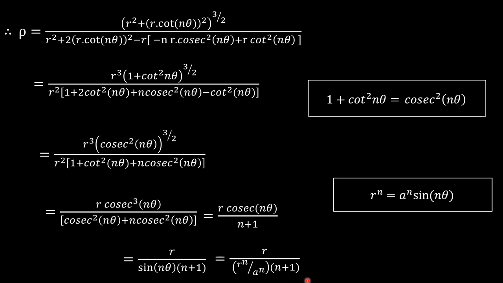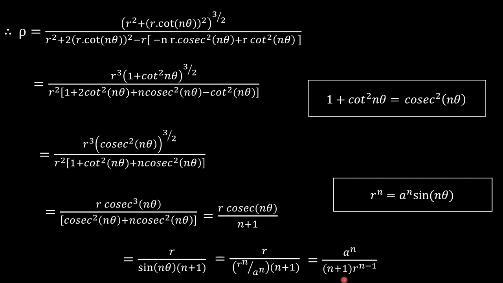Denominator's denominator will go to the numerator. So you have a to the power n in the numerator and r by r to the power n. r by r to the power n is nothing but r to the power n minus 1 into n plus 1. Got it?